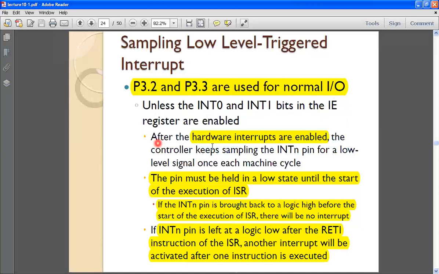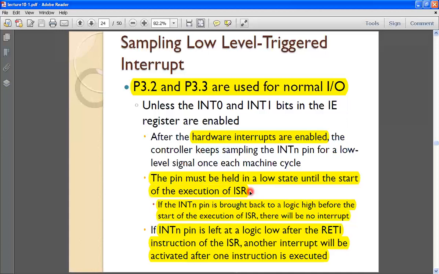After hardware interrupts are enabled, the controller keeps sampling the INT pin for a low level signal once each machine cycle. So it utilizes each machine cycle for each low level signal. The pin must be held in low state until the start of execution of ISR.